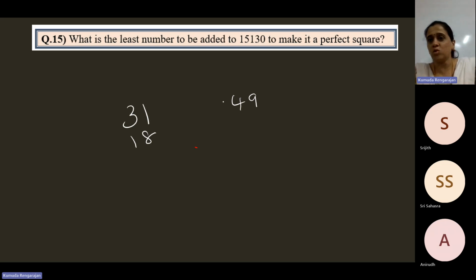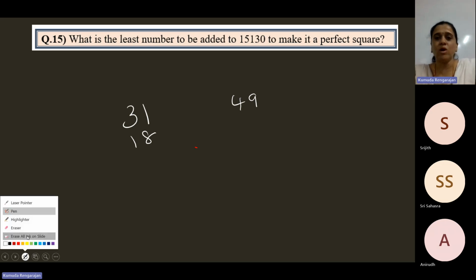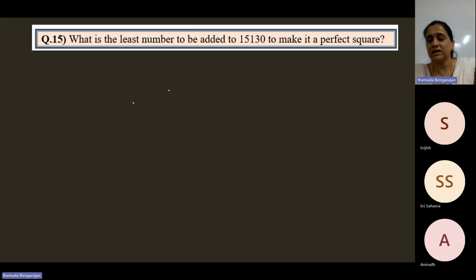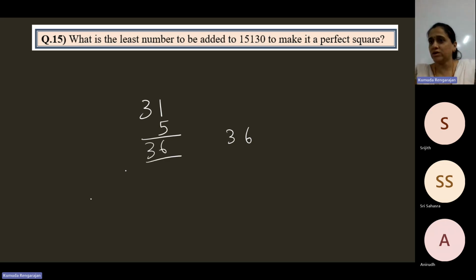Least meaning smallest positive number. So for 31, the immediate perfect square is 36. So 5 should be added to 31 so that the resulting number 36 is a perfect square. So the answer is 5.